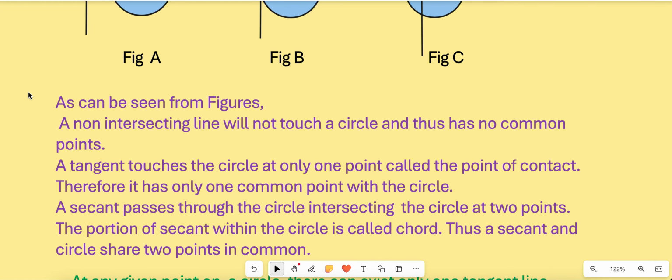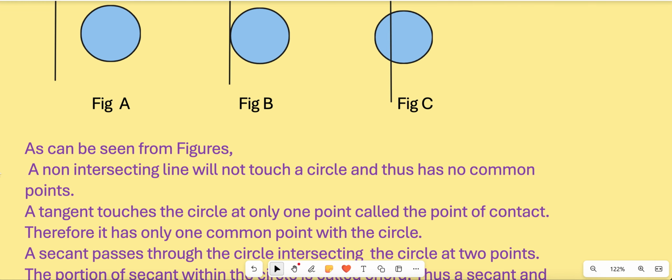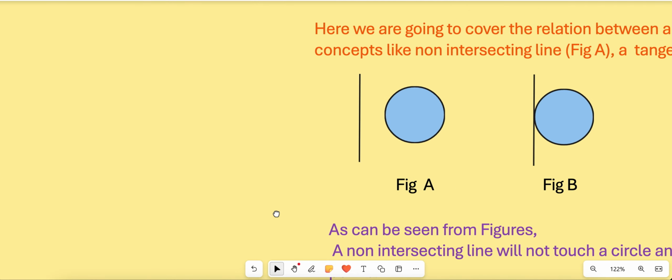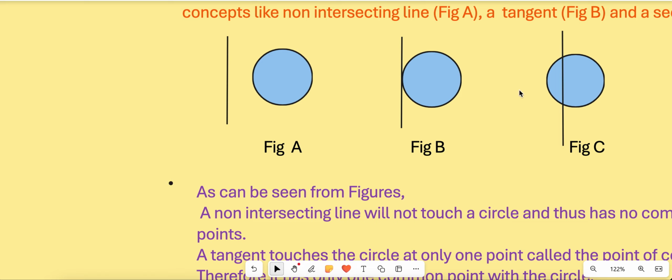Here is one more interesting thing about a chord. From the center of the circle, if I drop a perpendicular onto this chord, yes, that exactly bisects the given chord AB into two equal halves.